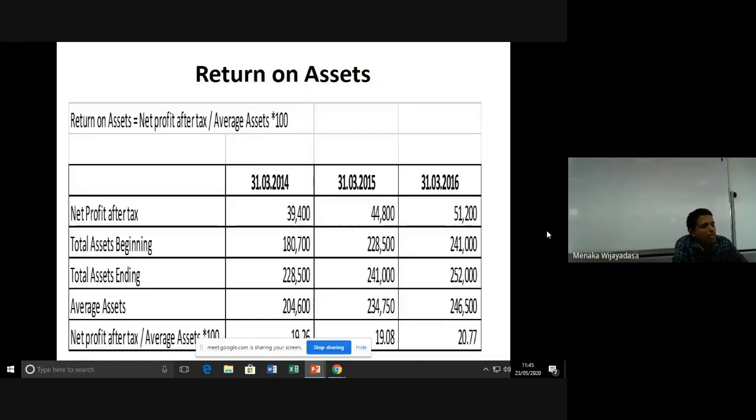Compared to this example, which is around 19-20%, the top banks may not exceed an ROA after tax of at least 2%. If it is 2%, that is a very good bank.